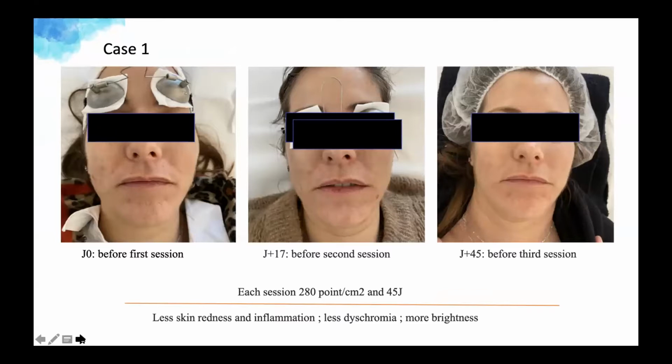On this picture, you can see on the left side the first picture of the patient before any treatment. There was lots of redness and scars and dyschromia. After 2 sessions, on the right side, almost 2 weeks after the second session, you can see that there is less dyschromia.